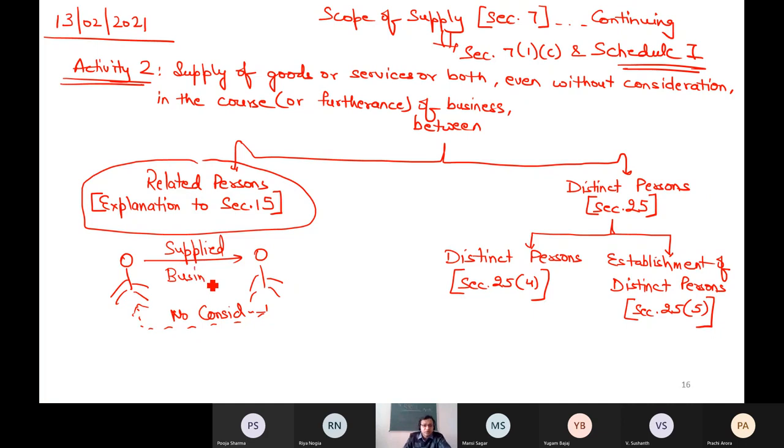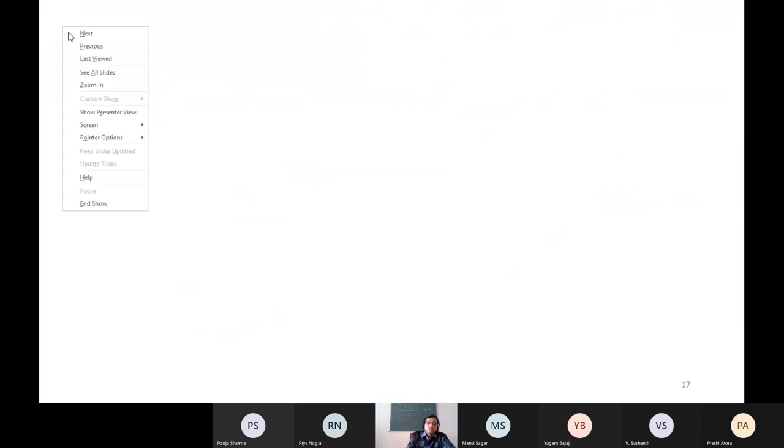The Act says it should be treated as supply. So it is necessary for us to know who are related persons. So let me first explain that definition which is given in the Act.